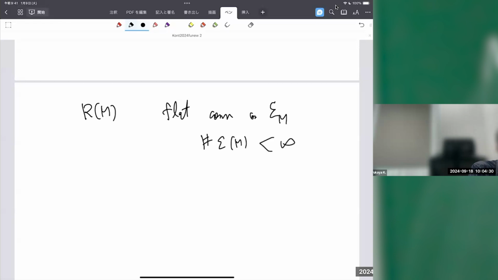We can achieve it after perturbations. And we take this chain complex of M. It is a free abelian group generated by these flat connections.